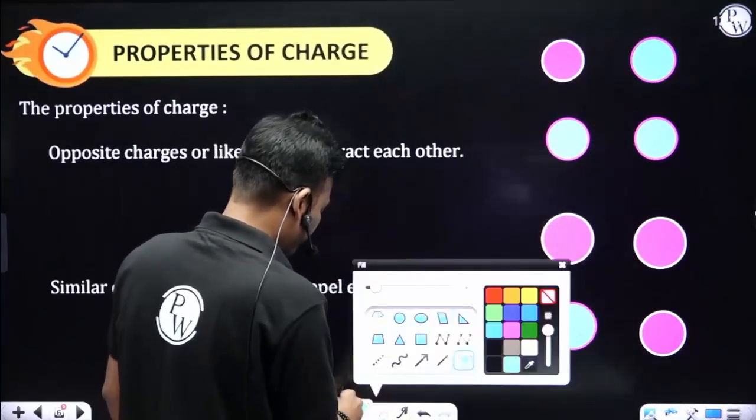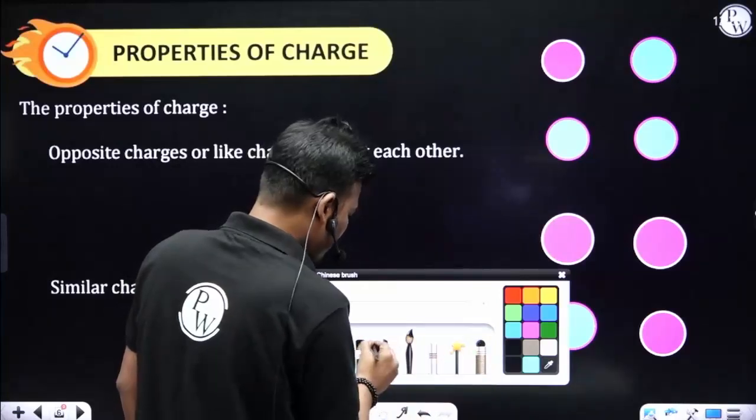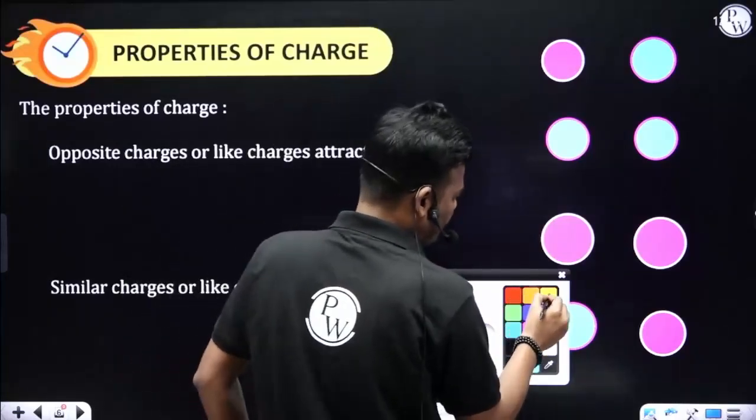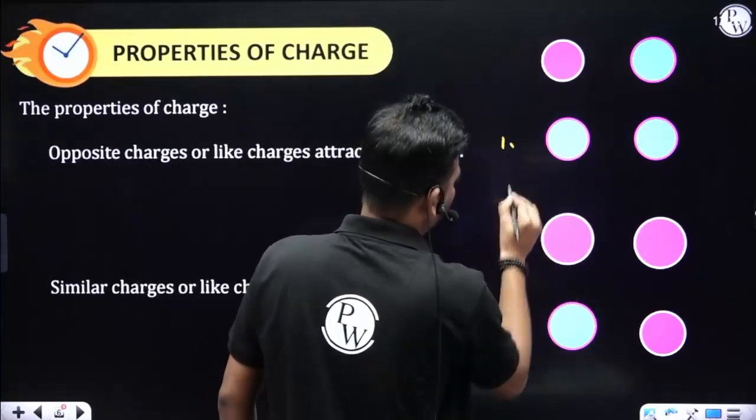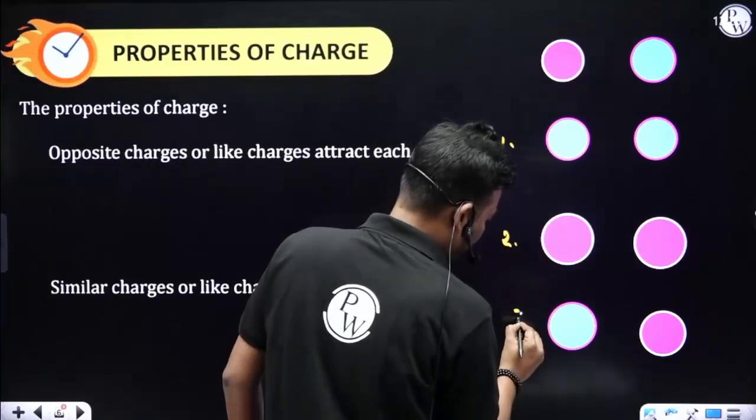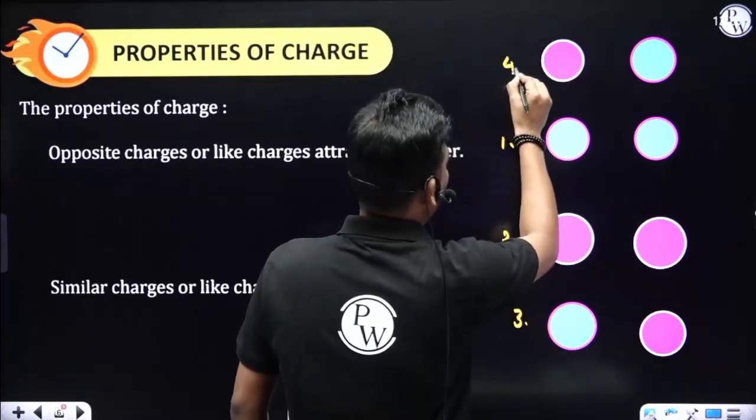Here I have considered four cases. So let me consider this is the first case, this is the second case, this is the third case, and this is the fourth case.